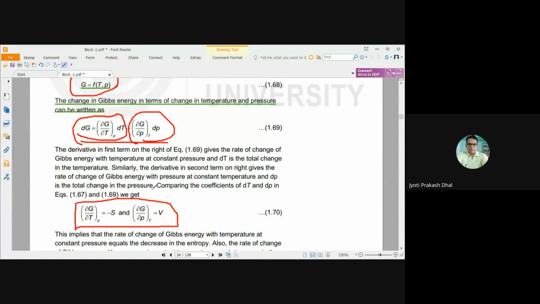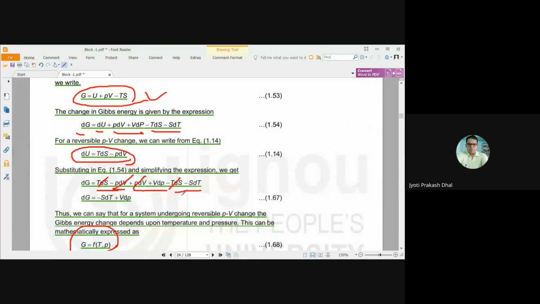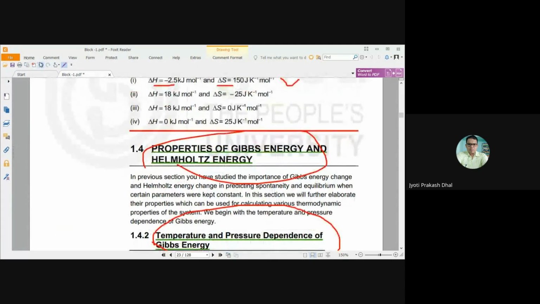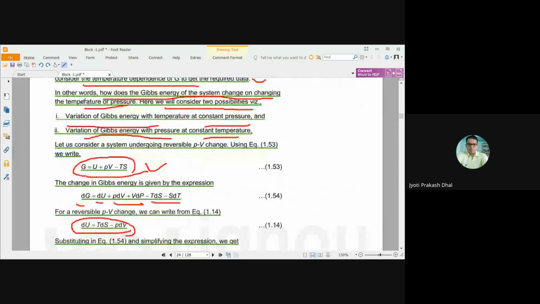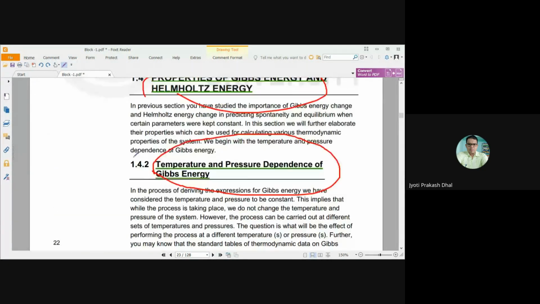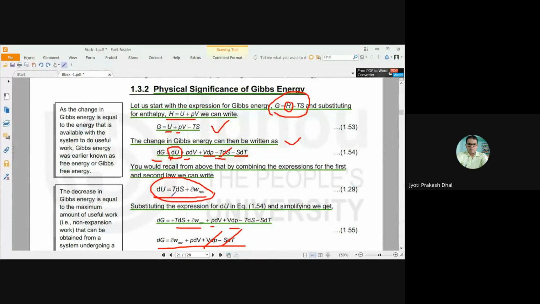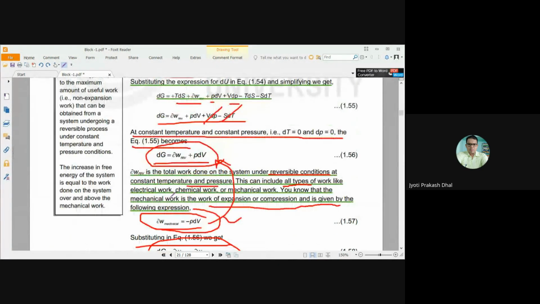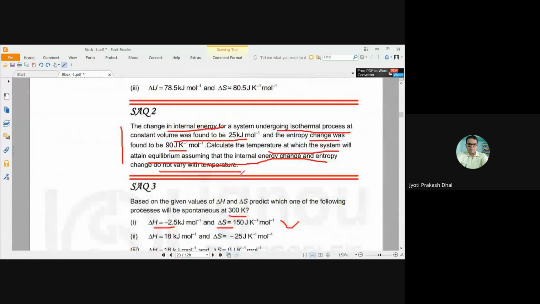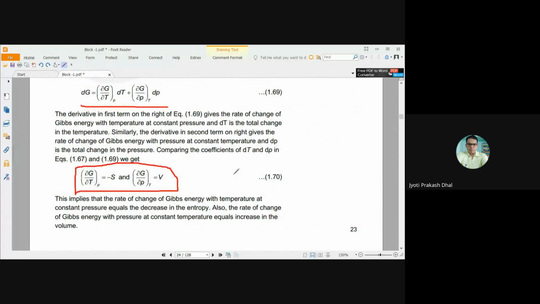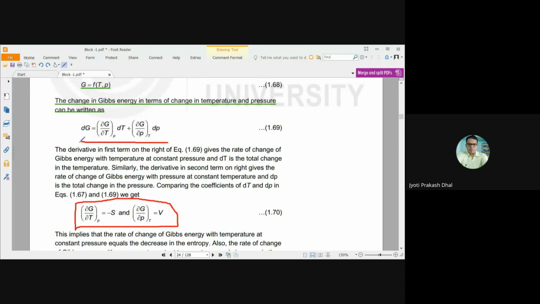Again, if you compare this equation with the previous one, because in the previous section we have discussed that dG equals minus SdT plus VdP.